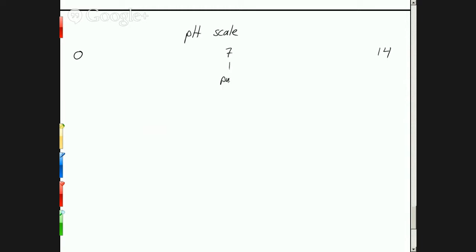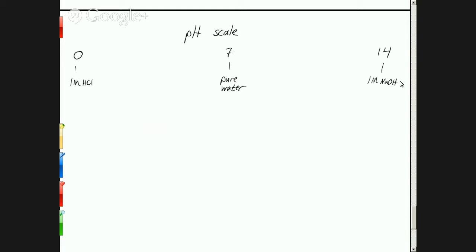We're going to say pure water is right there at 7. 0 is going to be 1 molar HCl. 14 is going to be 1 molar sodium hydroxide, for instance. And then we have all this other stuff in between.